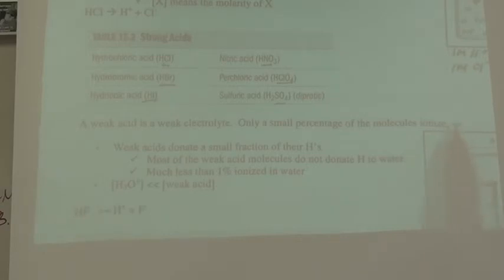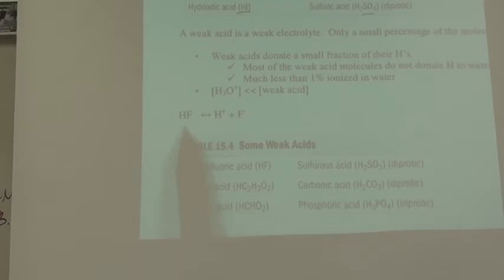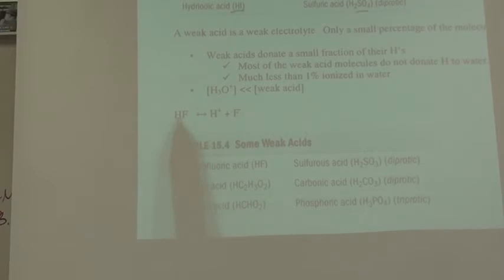A weak acid ionizes in an equilibrium situation. This weak acid, how do I know it's weak? Because it's not one of the 6 strong. It dissociates incompletely into the hydrogen ion and the fluoride ion, but at the same time, these two get together and make that. What would this equilibrium situation look like in a beaker? It would look like this.